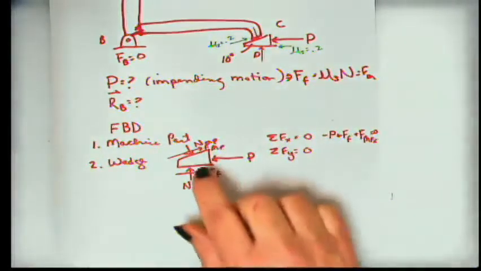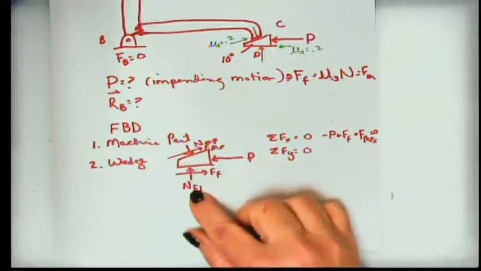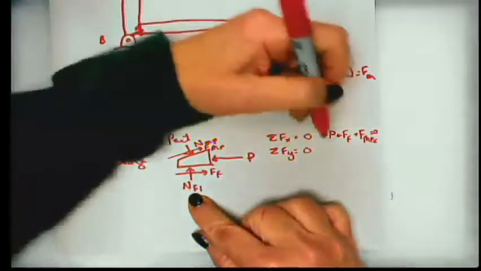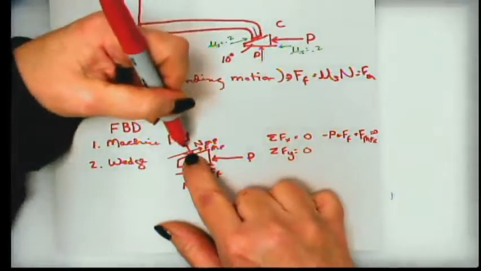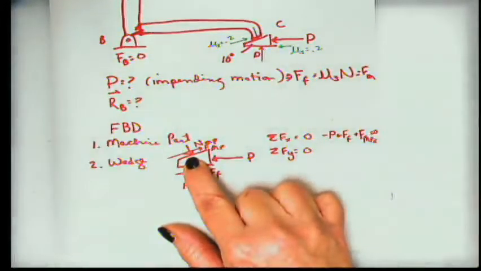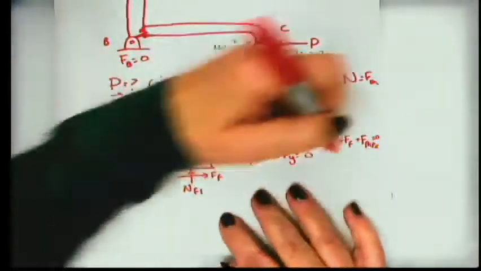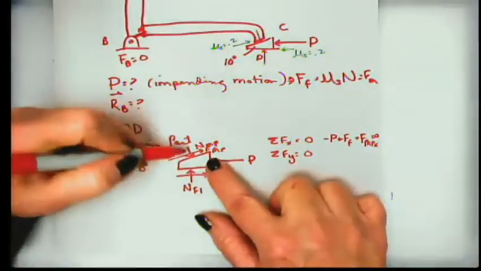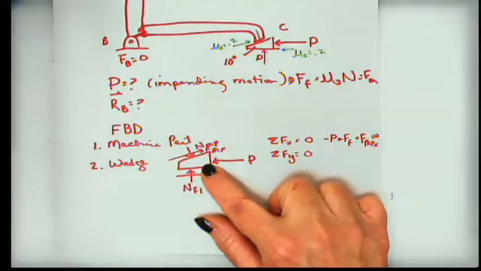Now, we also have a couple of normal forces. We have the piece of the normal force that's acting in the horizontal direction. I'm going to think whether they're going to take that into account. They're probably going to.